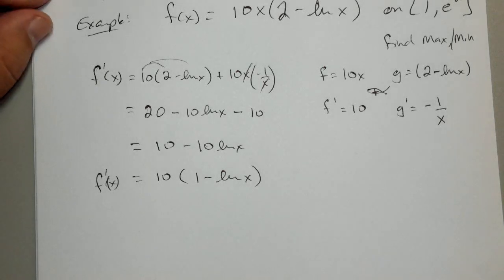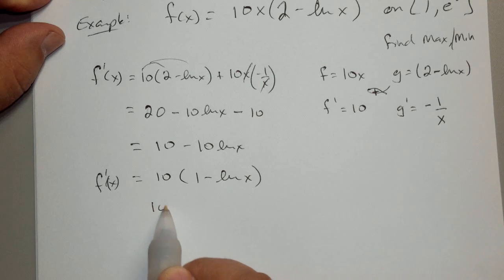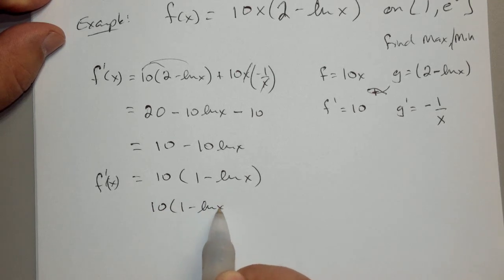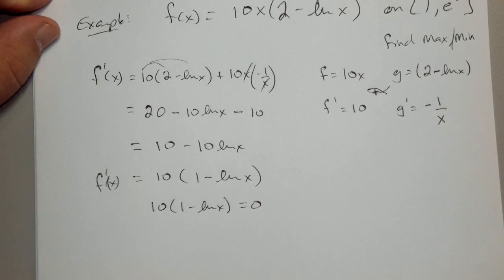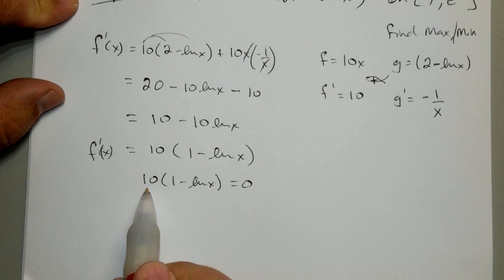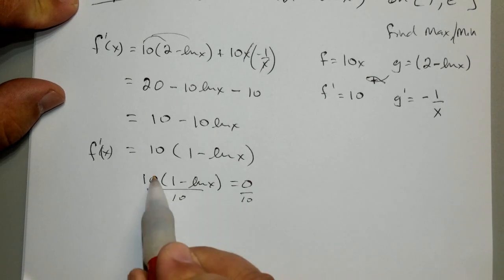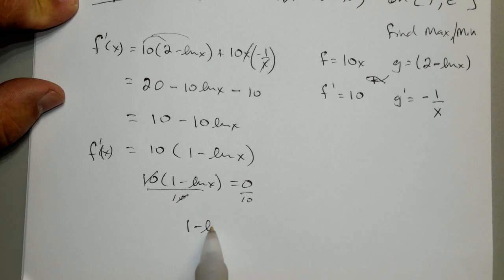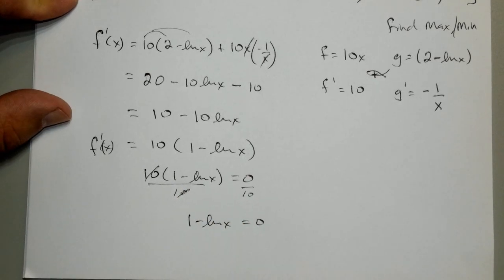How do I do this? Take this equation, set it equal to 0. First step, divide both sides by 10. 1 minus ln x equals 0.